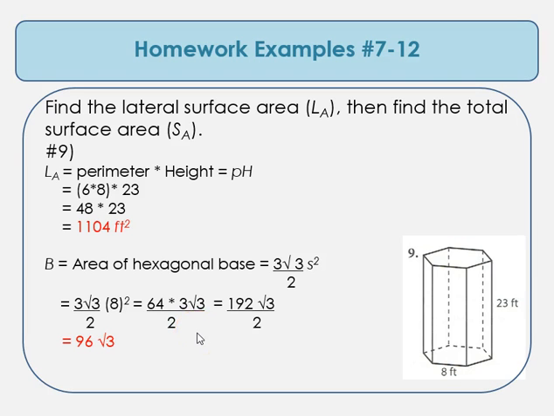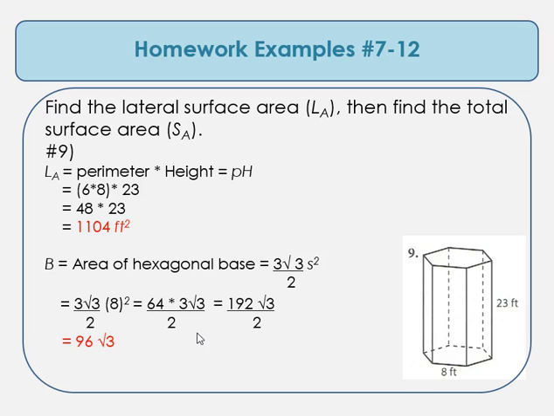Numbers 7 through 12. Now they are asking for the total surface area, and we will solve for the whole problem. So in this figure, they switch again and they say solve the lateral surface area and then the base. I'm going to solve for the base first and use our new formula, which was the area of a hexagonal base. So it's 3 square root of 3 divided by 2 times side squared.